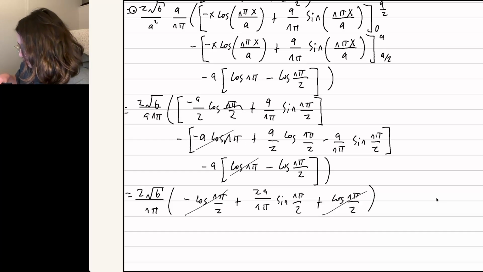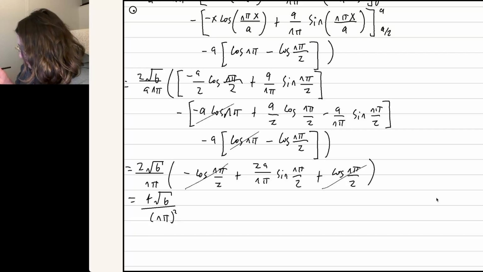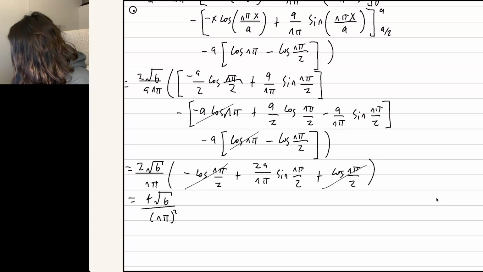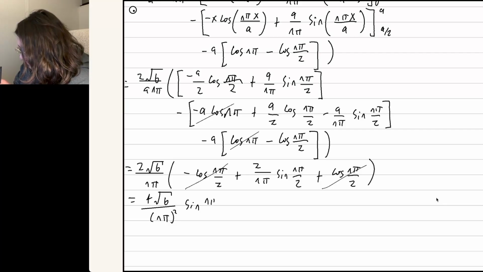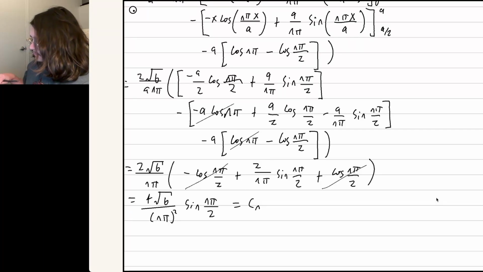So that's fun. Now we can factor out an additional factor of n pi and also 2. So we have 4 root 6 over n pi squared. And I meant to factor out that a earlier. Yeah, so sine n pi over 2, that is Cn.